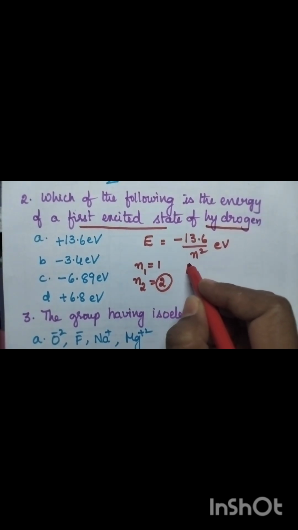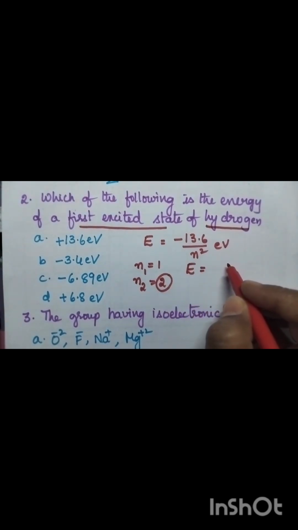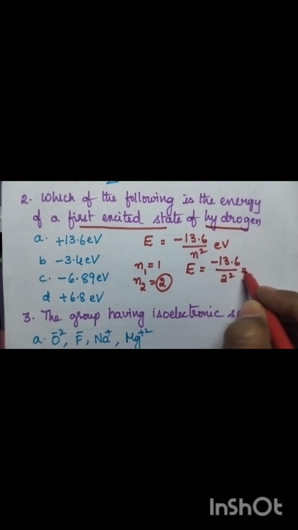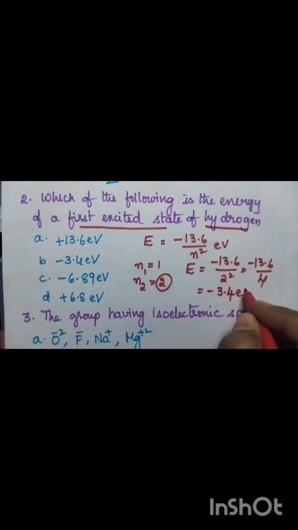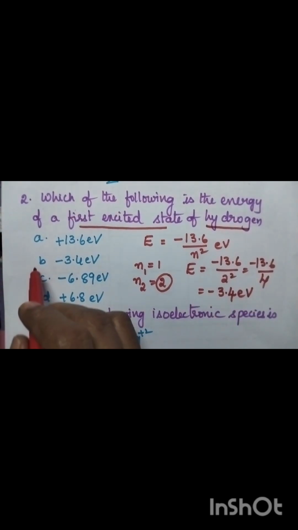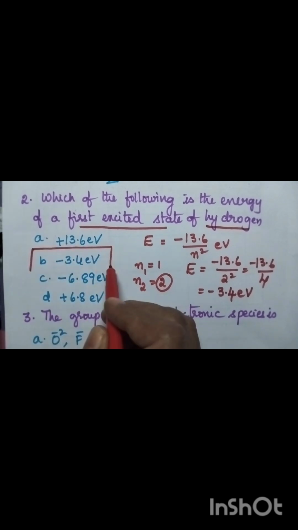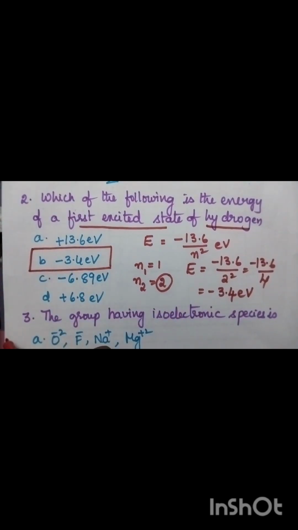So energy of the first excited state is equal to minus 13.6 divided by 2 square. So that is equal to minus 13.6 divided by 4 and it is equal to minus 3.4 electron volts and hence the right option is B, minus 3.4 electron volts.